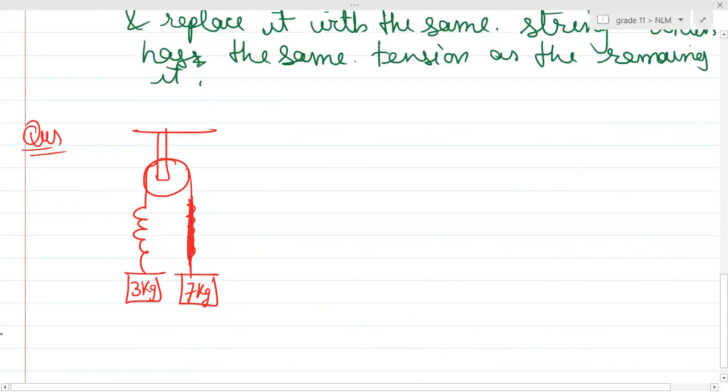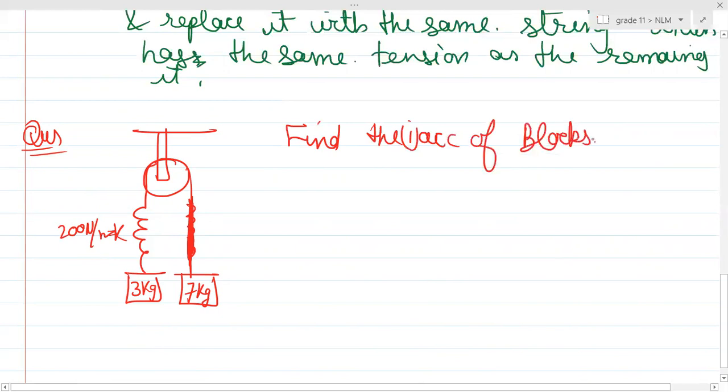The similar type of question I'm giving: there is an ideal string which is connected to a spring of spring constant 200 Newton per meter. Now the question is, find the acceleration of the blocks, assuming it to be constant, when the extension is constant.